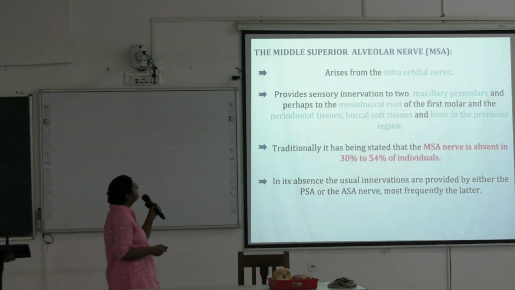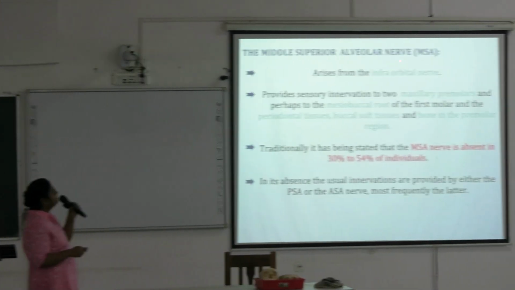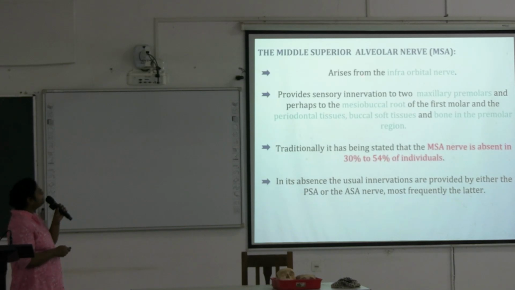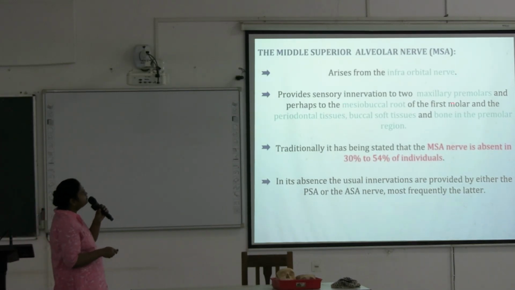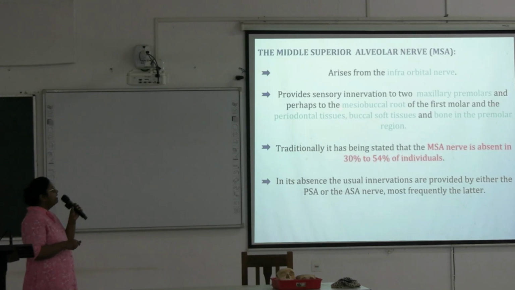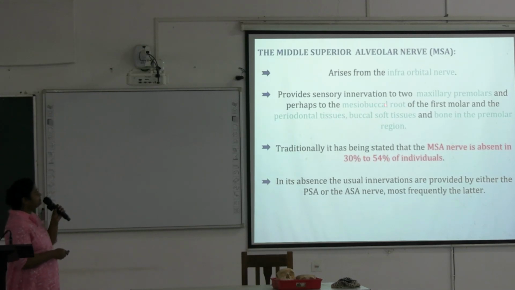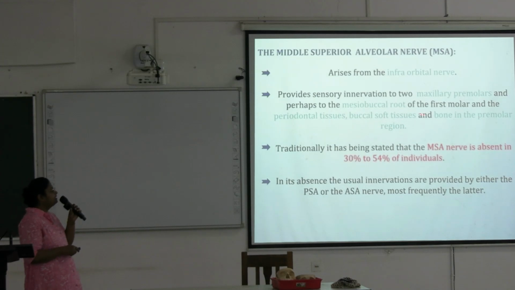Next is middle superior alveolar, a branch of infraorbital. It arises from infraorbital and provides sensory innervation to 2 maxillary premolars and perhaps to the mesiobuccal root of the first molar, and the periodontal tissues, buccal soft tissues, and bone in the premolar region.